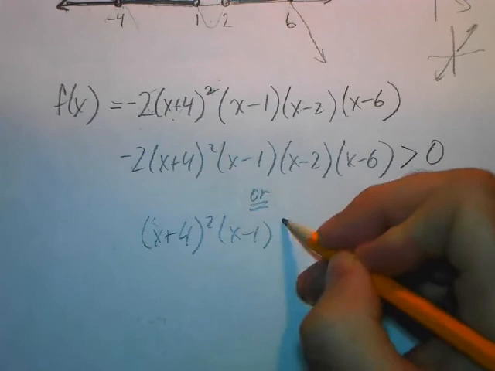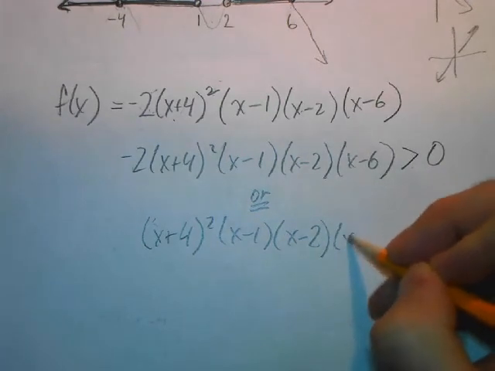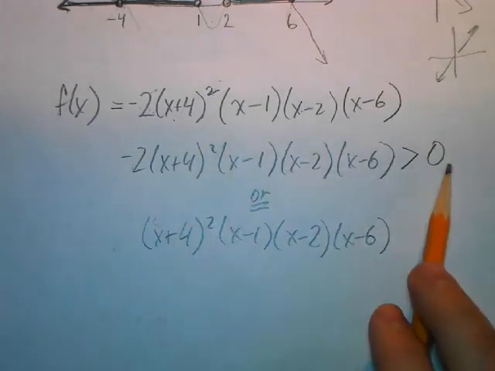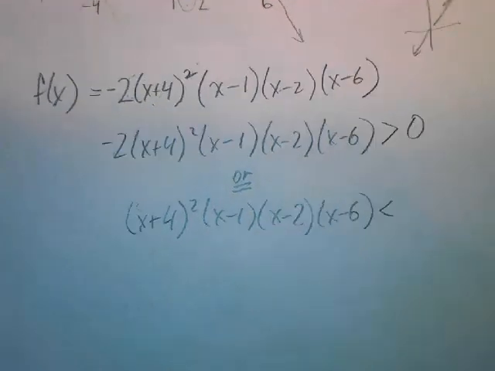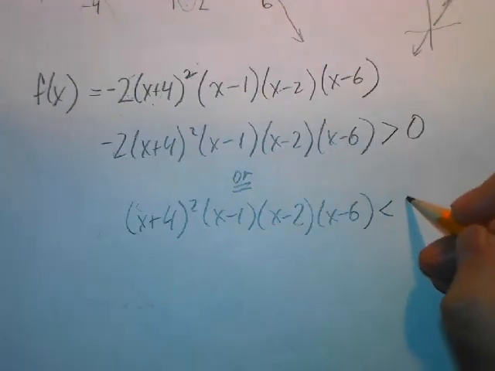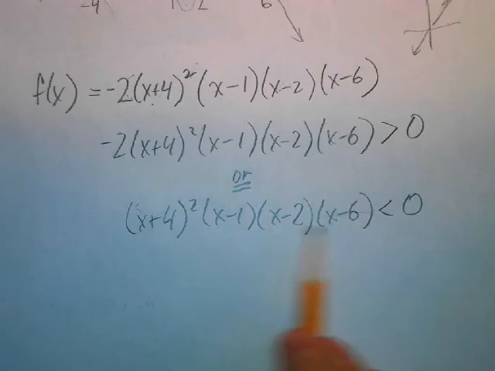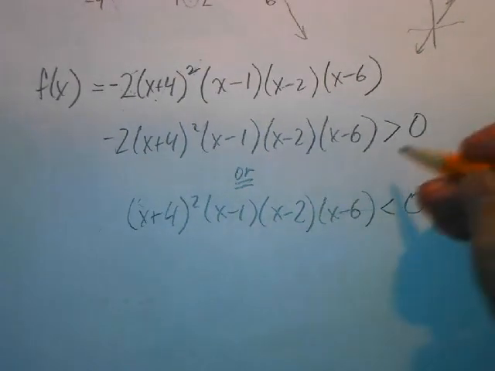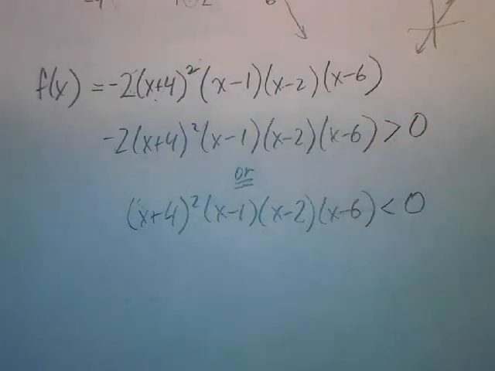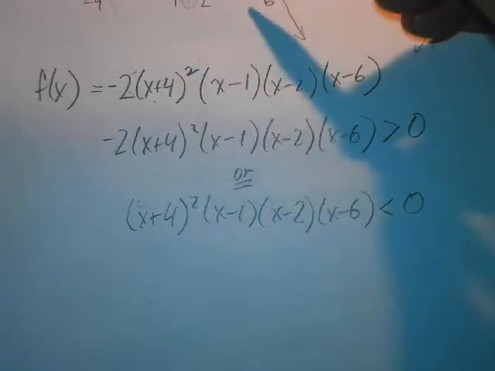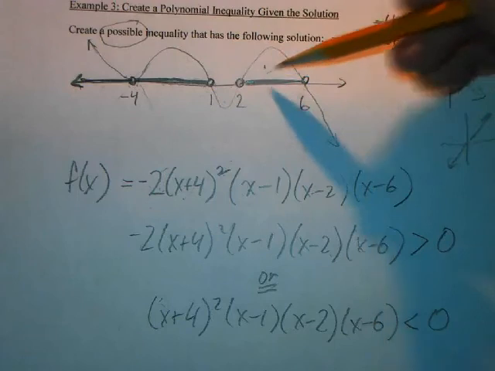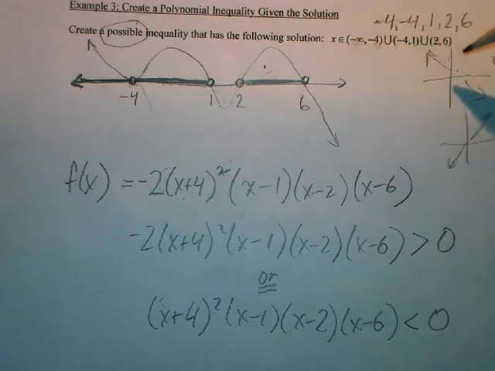So x plus 4 squared, x minus 1, x minus 2, x minus 6, and since I divided both sides by a negative, it changes the sign to become less than 0. So these would both be valid inequalities, and they both give us the exact same solution as we created, which duplicates the solution in interval notation.